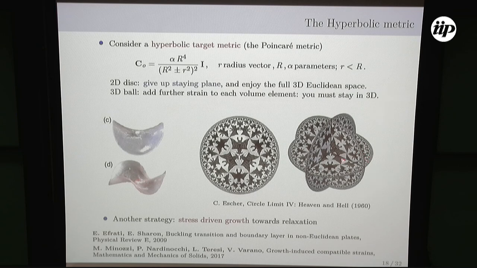And here you have the same, but for a ball. If you assign the same hyperbolic metric to a ball, you get a stressed configuration. So the message is that for a surface, which is 2D, you assign a metric that is not compatible in 2D, but the surface can exploit the full 3D ambient space, so you can change the curvature. And if your body is three-dimensional, you are at the top of the dimension. You cannot do anything but increase the elastic energy.